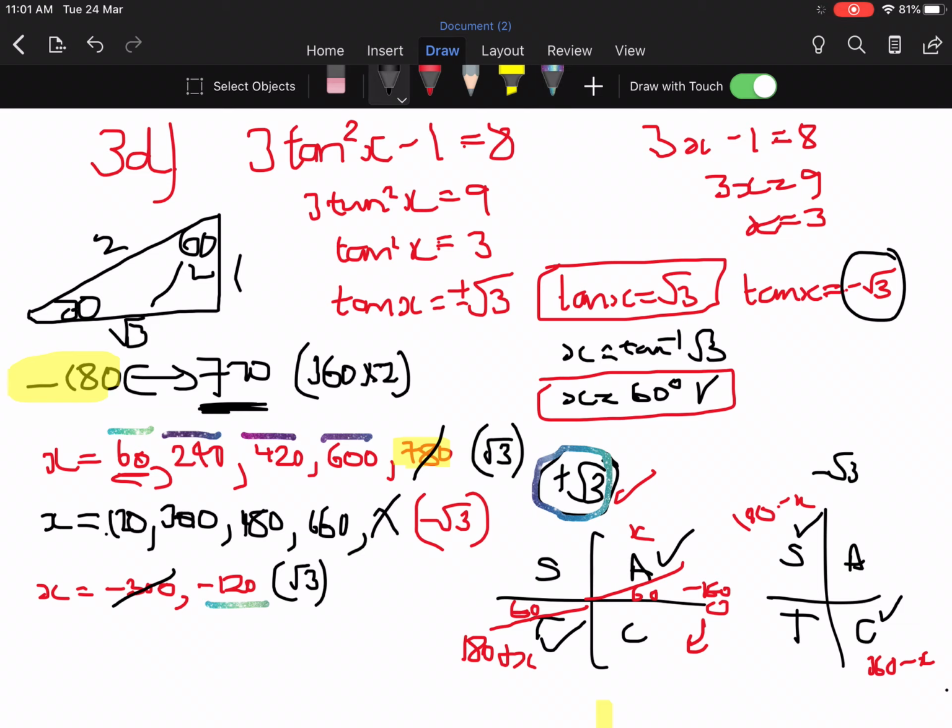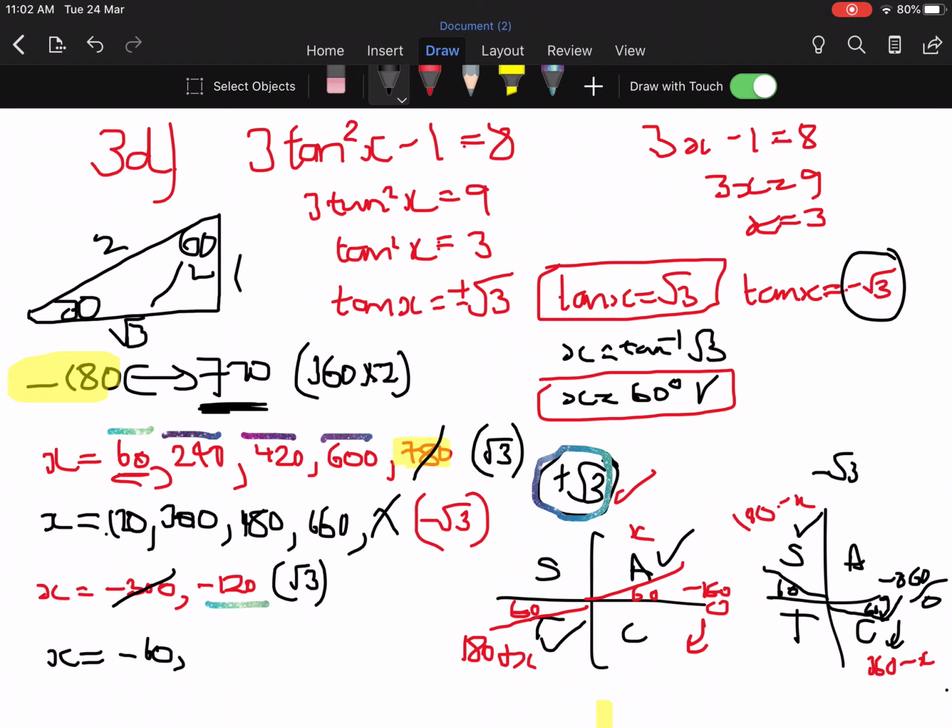Right, now if I go to negative root 3 and do the same thing, this time, if we remember, this is negative 360 and this is 0 and I'm going in this direction. But this time, the 60's in here and the 60's in here. So what would that be? Well, if that's 0 here and that's 60 down the way, then that's going to be negative 60.